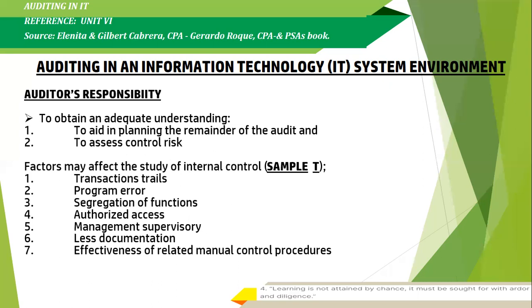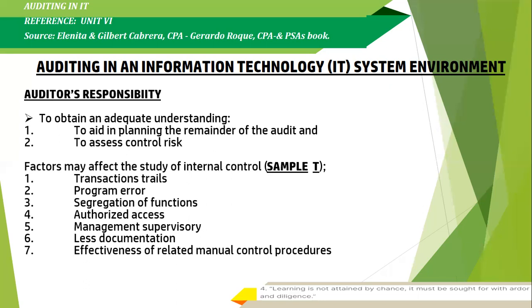When it comes to effectiveness. Kaya dapat pag-aralan natin, intindi natin ano yung mga controls. So i-assess natin yung control, internal control with regard to the IT system of our client or the entity.